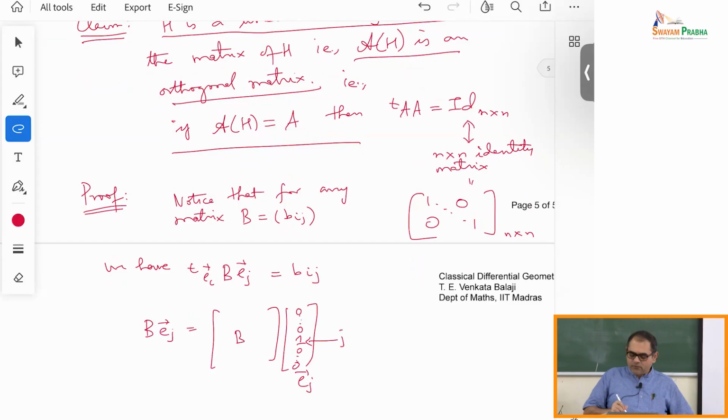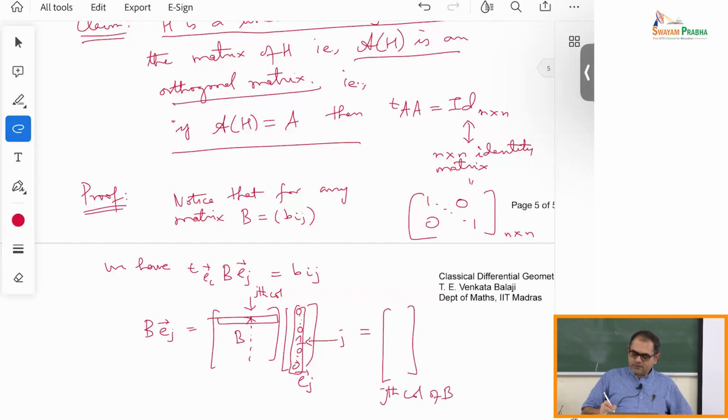Now when you multiply this, every row is multiplied with this column, and only the entries in the jth column will survive. Therefore the effect of this is that you will only get the jth column of B.